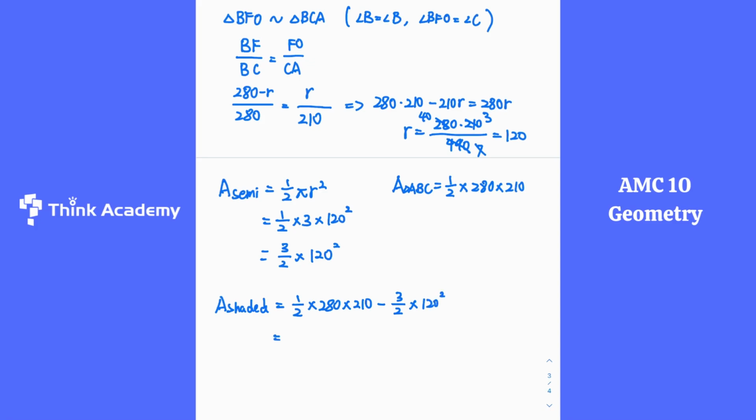Okay, so we can just try to factor out a 1/2. So in the parentheses, we just have 280 multiplied by 210 minus 3 multiplied by 120 to the second power. Okay, so simplifying this calculation, let's see here. If we do 280 multiplied by 210, this will give us 550,000 or something here.